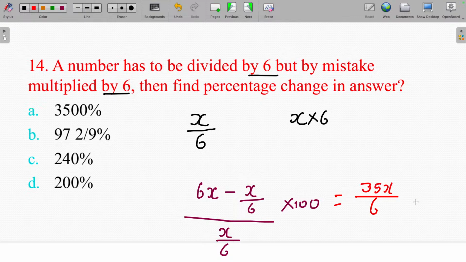If I convert division to multiplication, the denominator will be 6 by x, into 100. This 6 gets cancelled, x gets cancelled, 35 into 100, 3500% is the error. Basics. Is it clear? Basic method.